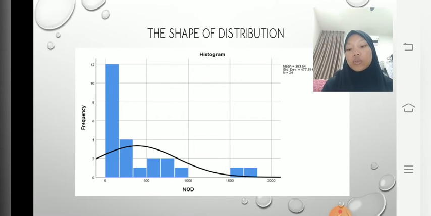Median, we got 263 and 25.25, and mode we got 4084.5, which is mean is less than median, median is less than mode, so it's skewed to the right. So this is the histogram. It shows skew to the right.